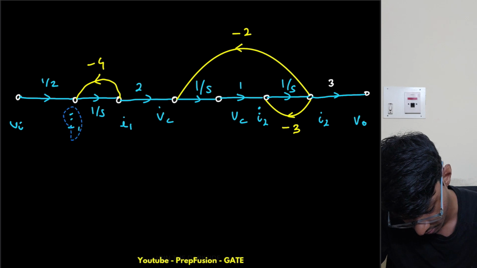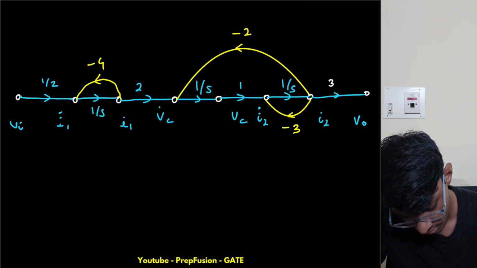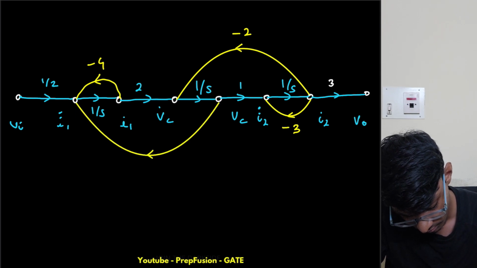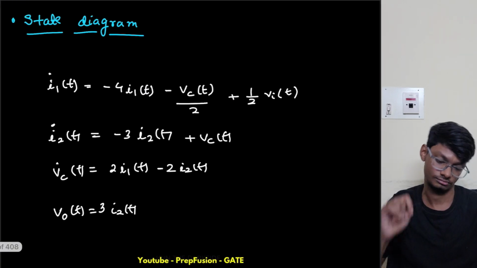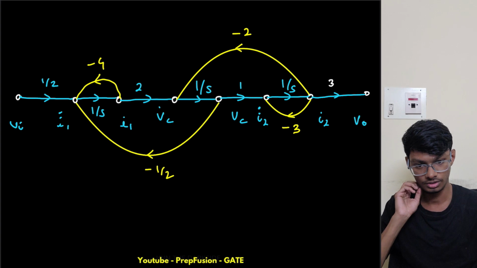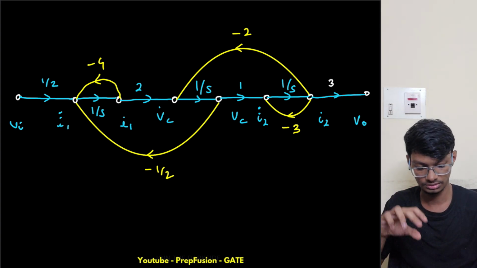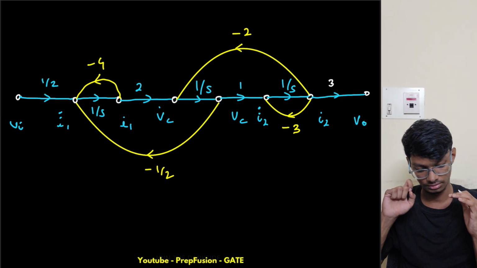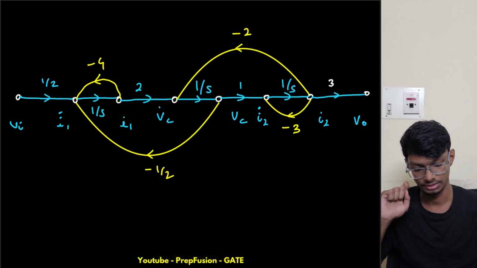Let me bring this over here. Minus half only. So basically, this is my state space diagram for this particular equation.